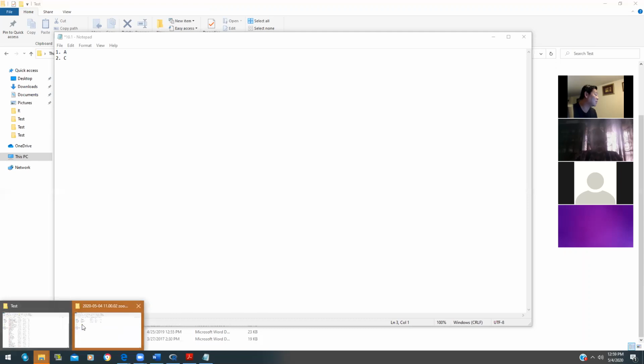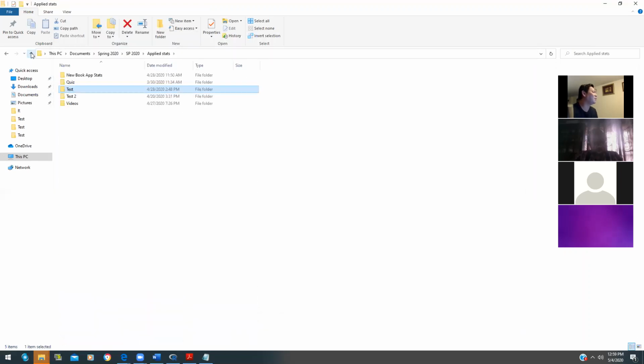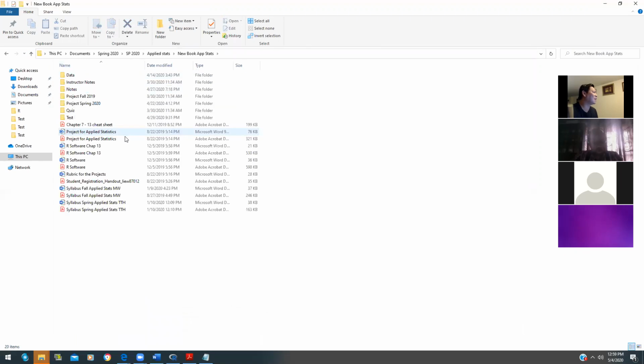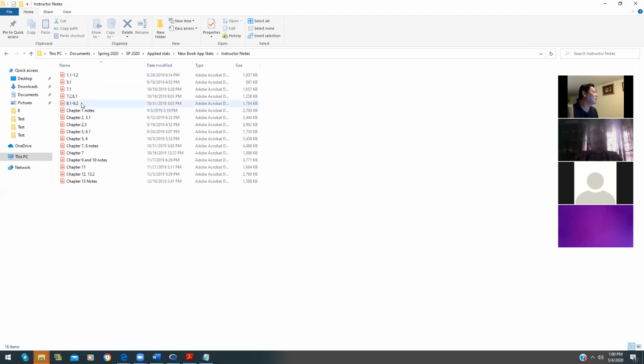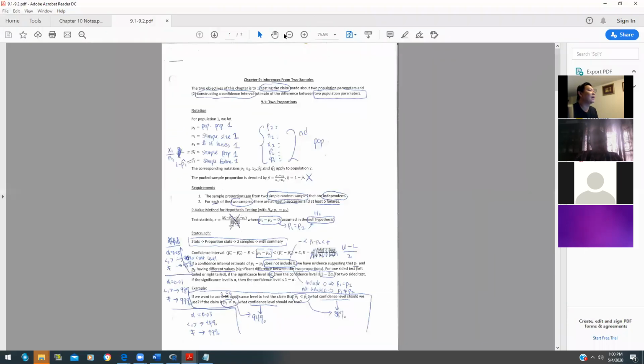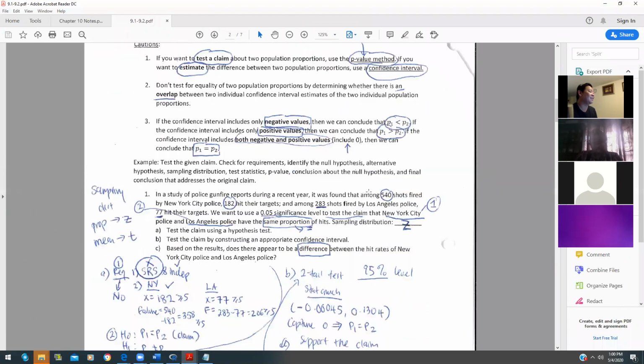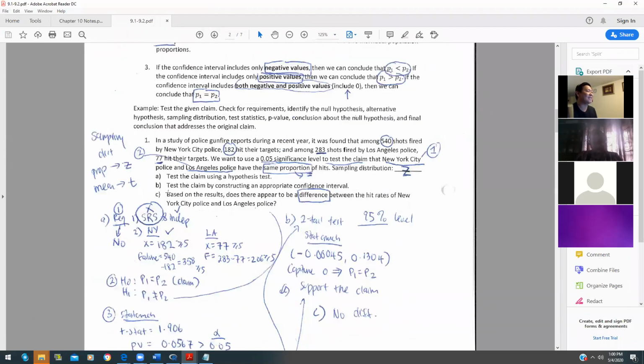An example is if you do your hypothesis testing, you remember how you do your hypothesis testing? You have to do quite a bit of work there. This is what it will look like in test 3, where you will get a question like this, and the rest is blank.